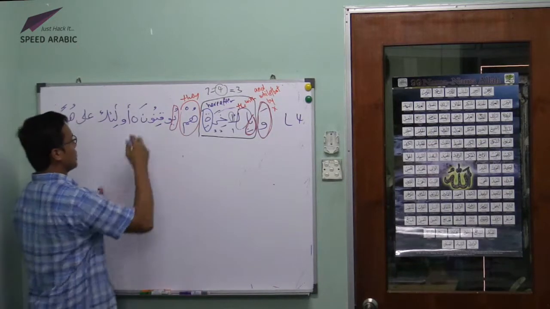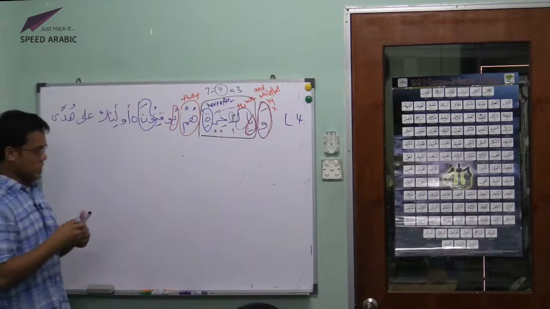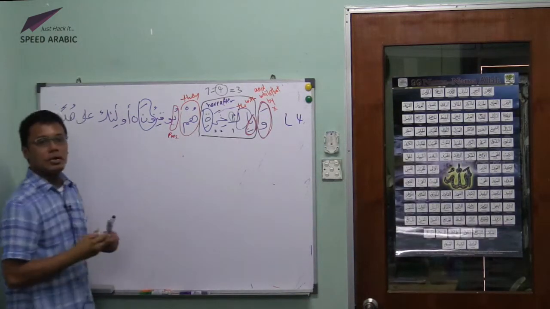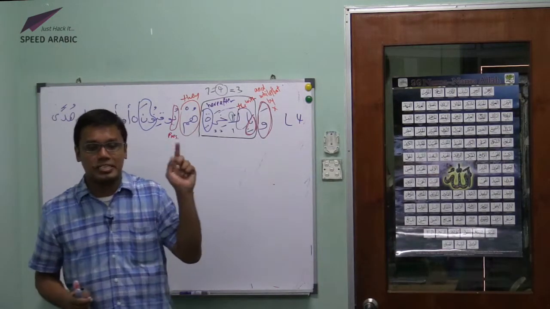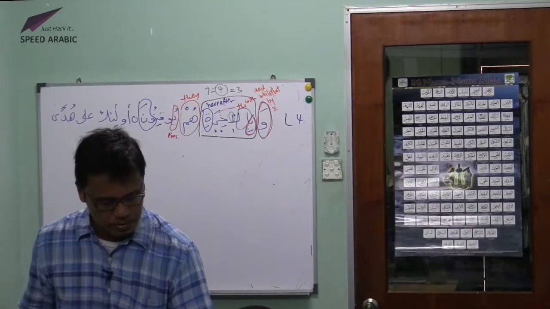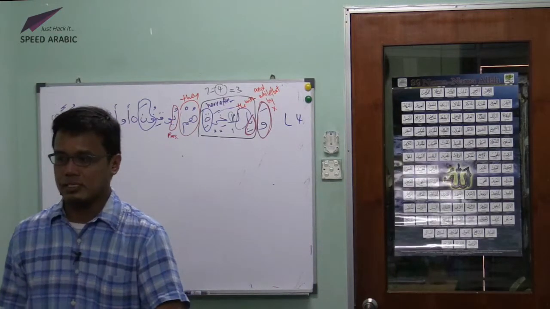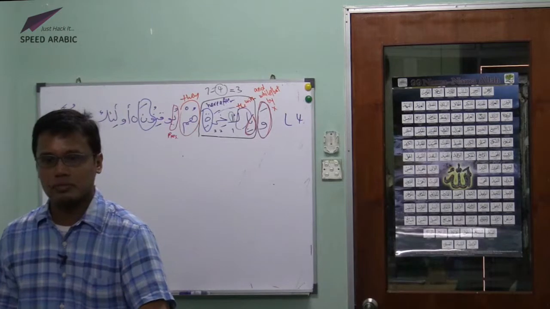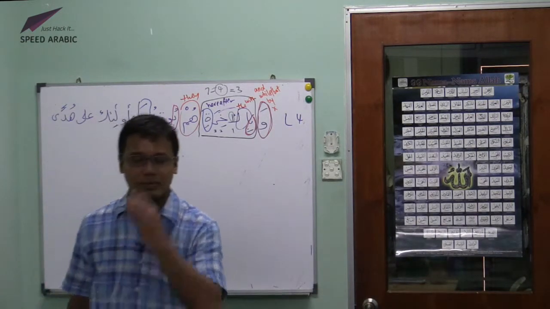What's the meaning of ya and waw nun? Okay, so ya is present. Where do you have this? In the condensed table, you find it in 313. See the ya in waw nun? 313 is under the present tense, right?